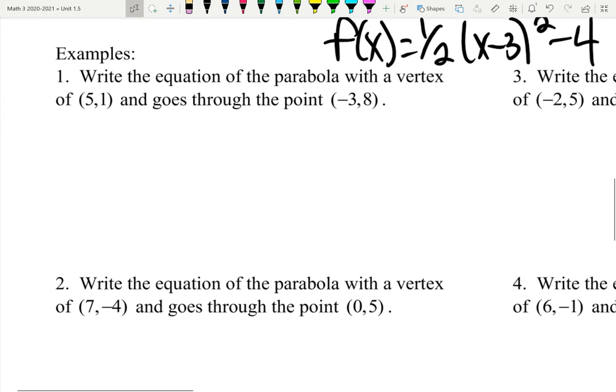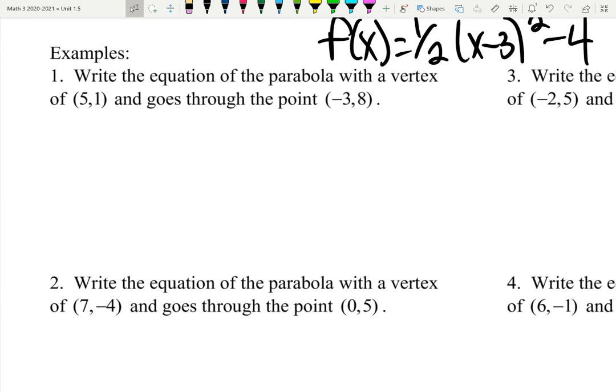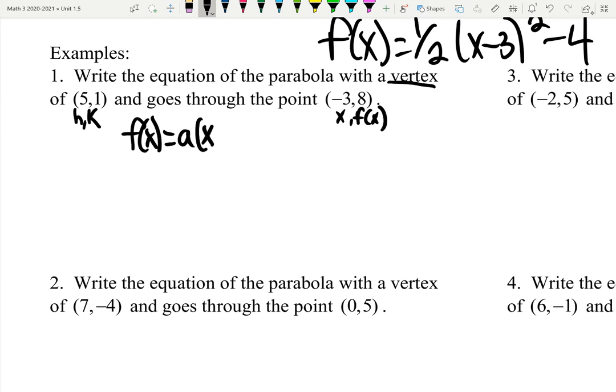Number 1. Write the equation of a parabola with a vertex of 5, 1 and goes through the point -3, 8. I see the word vertex. I know this is going to be vertex form immediately, and I know that this is going to be x, and this is going to be f of x. I annotate my problem. I write my equation in vertex form, and now I'm going to substitute.